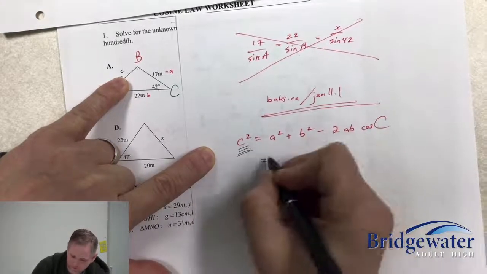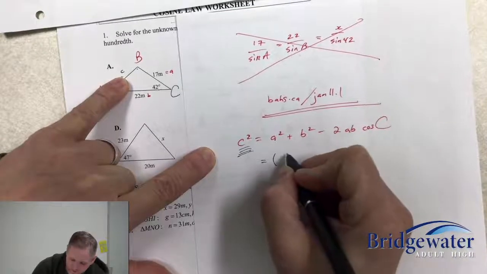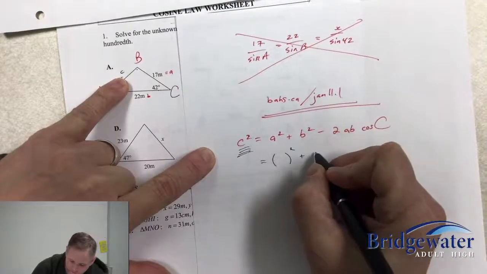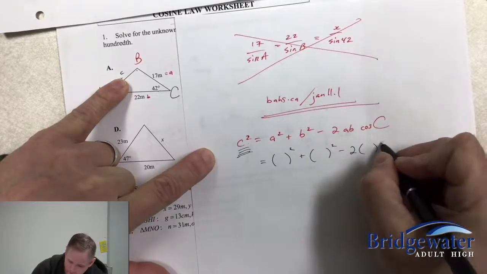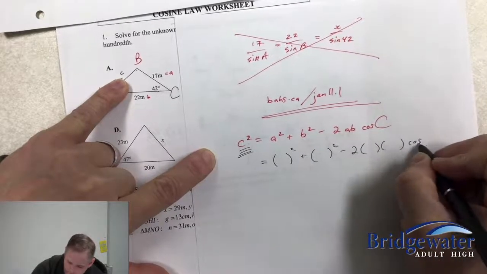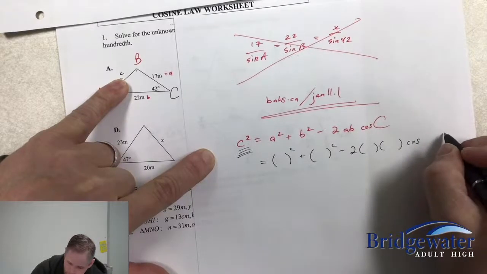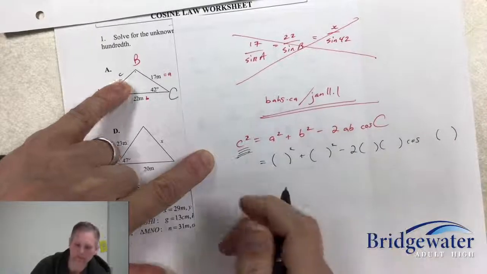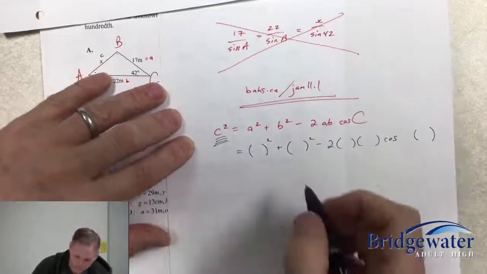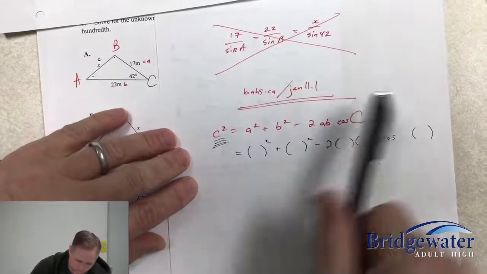Whenever you see a letter here, we're going to substitute with brackets, square it, and then b will go in there, brackets, minus 2, a is going to go in there, and b is going to go in there, and then cosine, and then c is going to go over here. What's my a value?